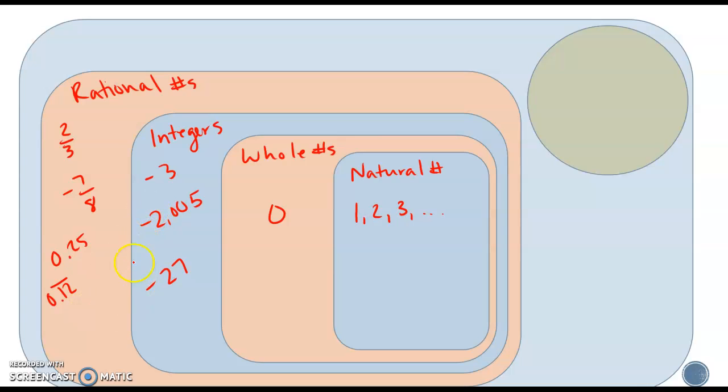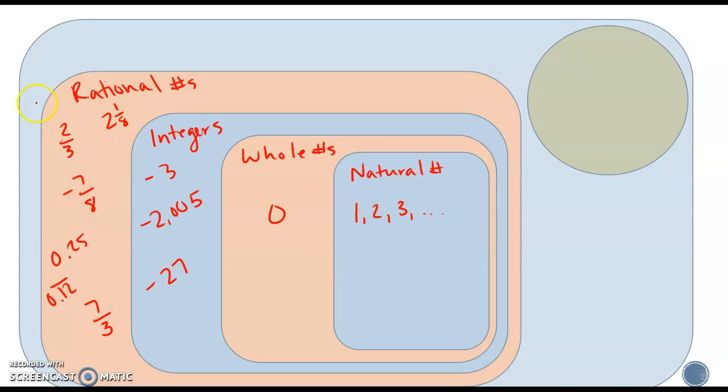Our improper fractions, so 7/3, or 2 1/8, right? These are all rational numbers, along with integers, whole numbers, and natural numbers, because those are all terminating decimals, or we can write them as fractions, like -3/1. Bada bing, that's a fraction.